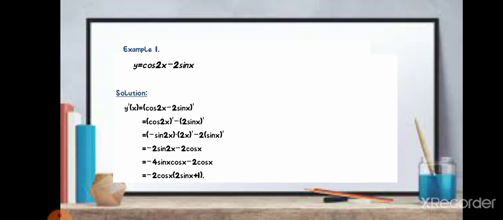And let's proceed to our examples. Example number 1. y is equal to cosine 2x minus 2 sine x.